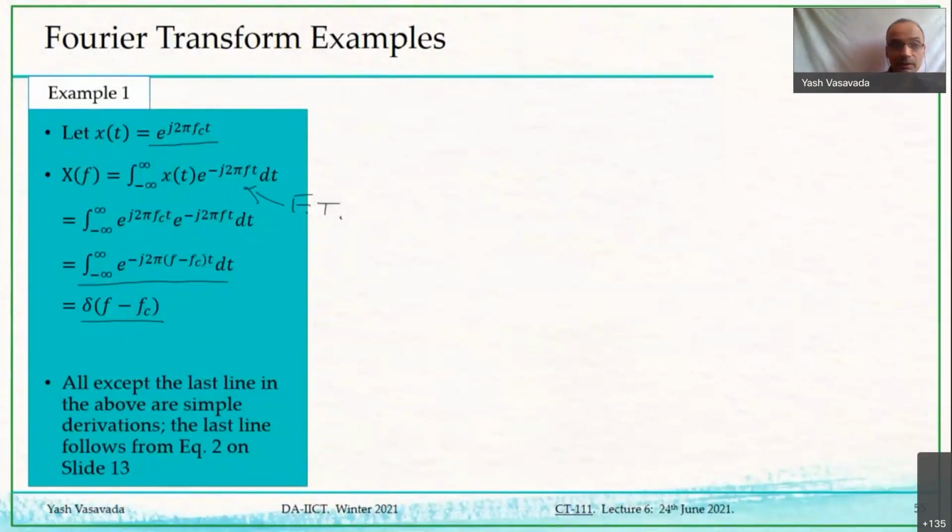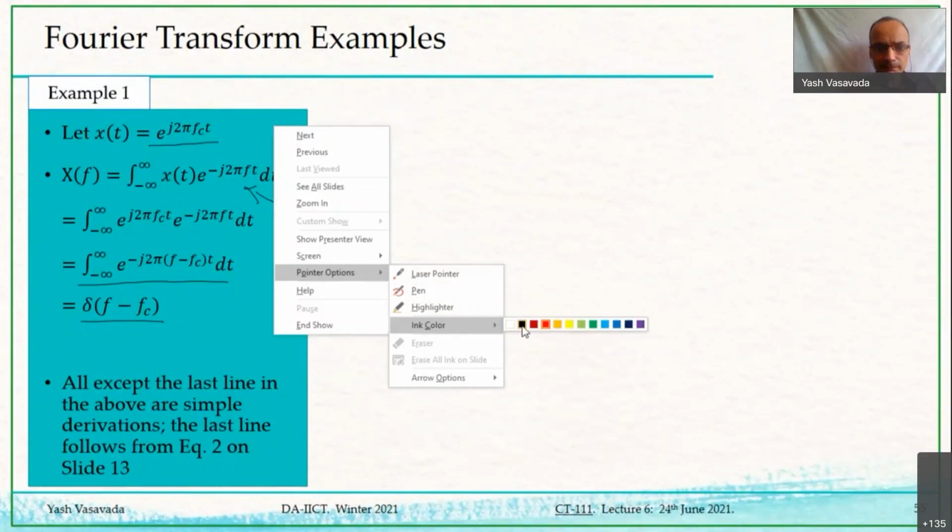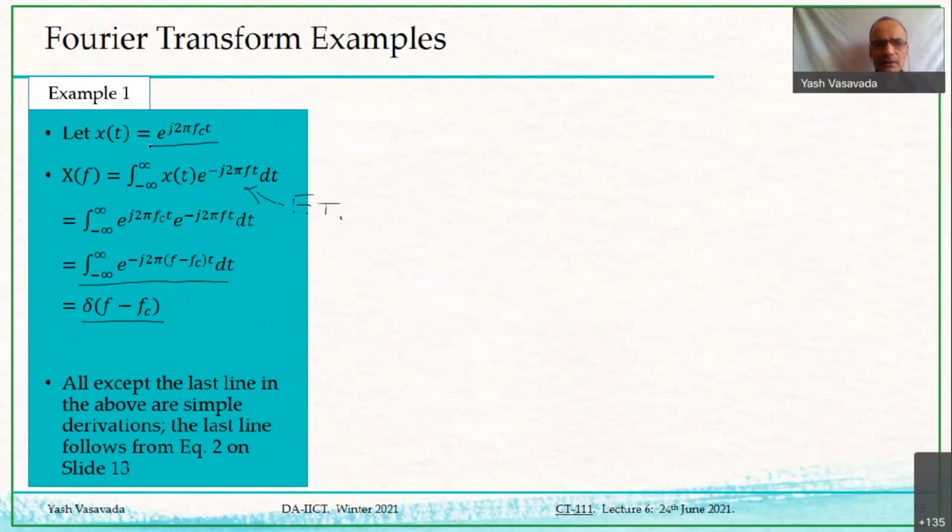So what is happening is that my input signal is a complex exponential at frequency f of c. Just one frequency, f of c. If I take the Fourier transform, no wonder I get just a single spike at the location f of c.